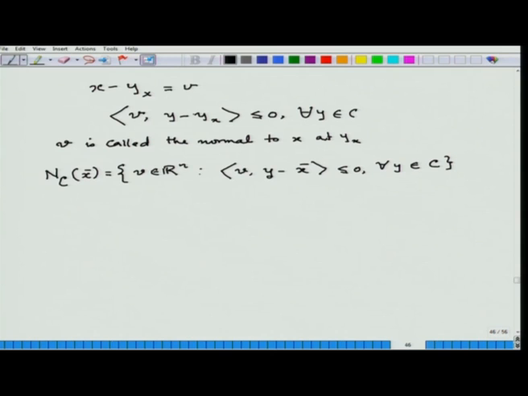A normal cone, as we have seen, is a vehicle for representing optimality conditions, and you see how the subdifferential notion of the indicator function is linked directly to this geometrical thing.